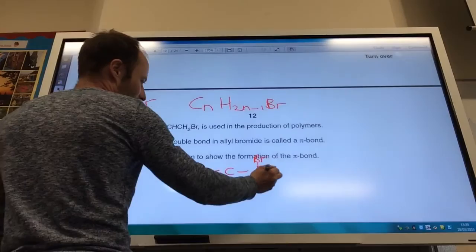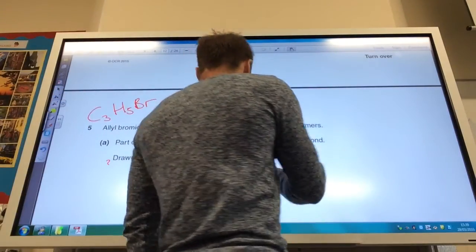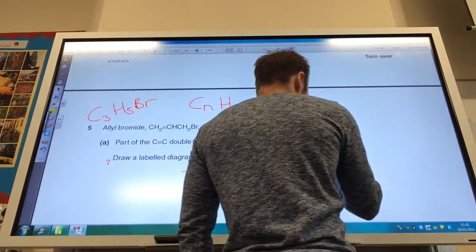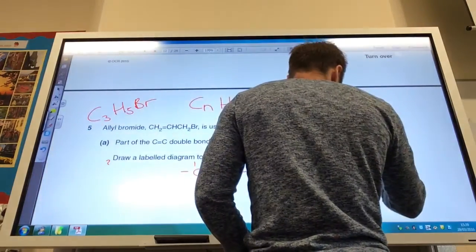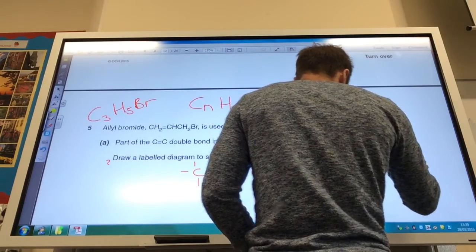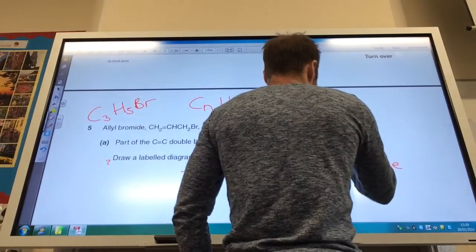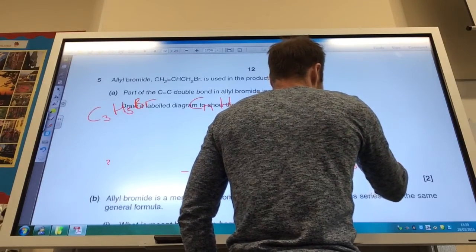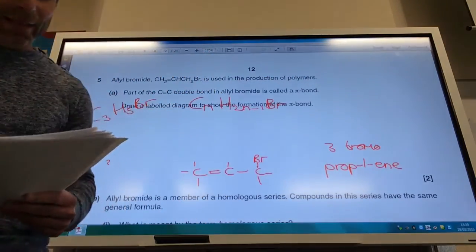The rest are going to be H's. So I've got propene, 3 carbons, prop-1-ene is going to be your carbon backbone. If that's carbon number 1, that's going to be carbon number 3. So it would be 3-bromoprop-1-ene.